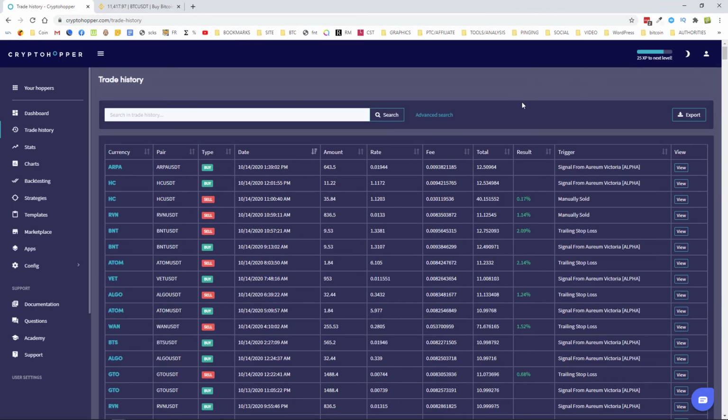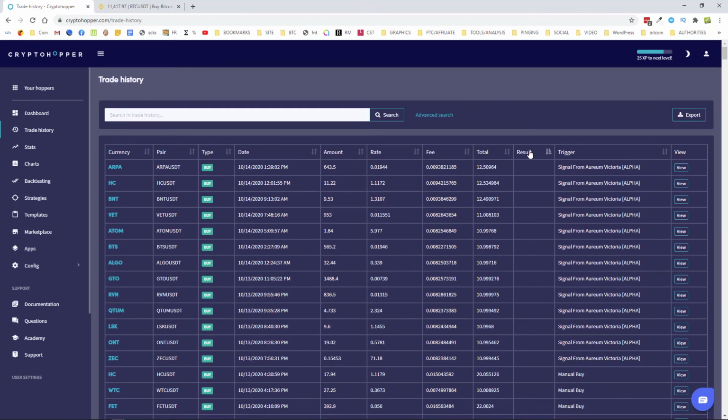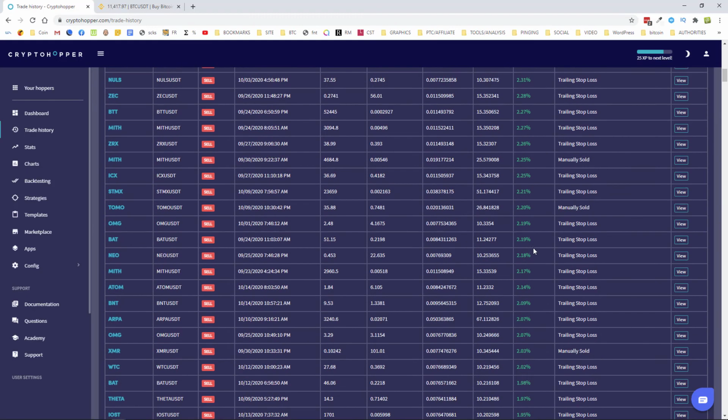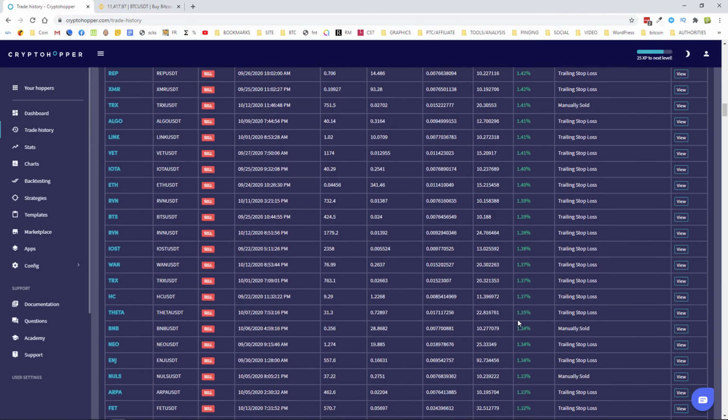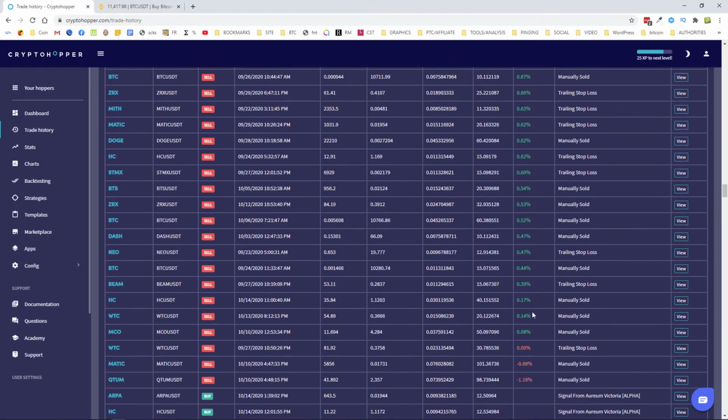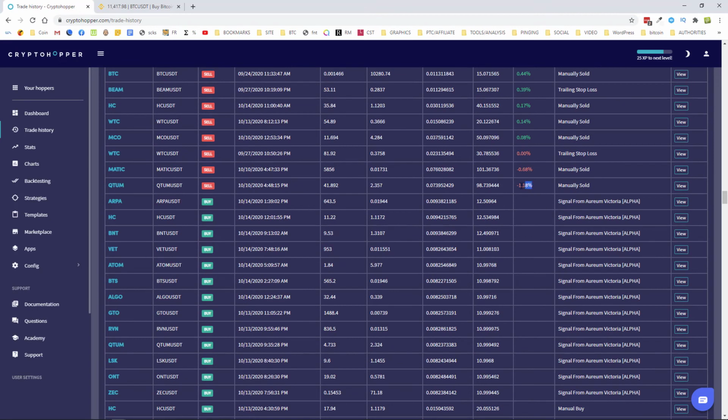Small amounts, and we can see that mostly I'm in the green, I'm in profit for every single trade, and I do have a couple that are in the red that I sold manually. Okay, and this trailing stop loss one here is due to slippage.